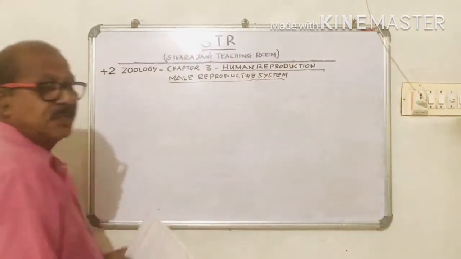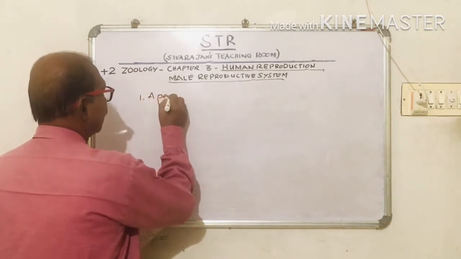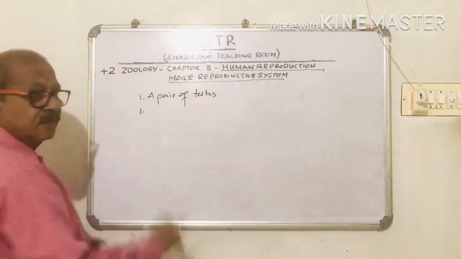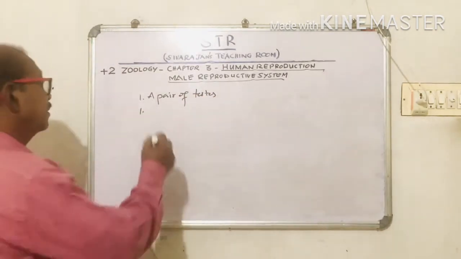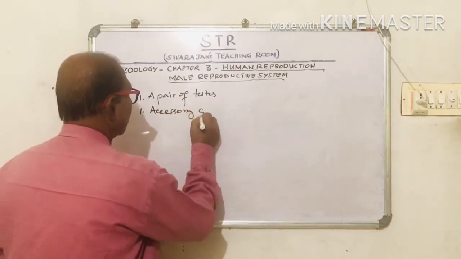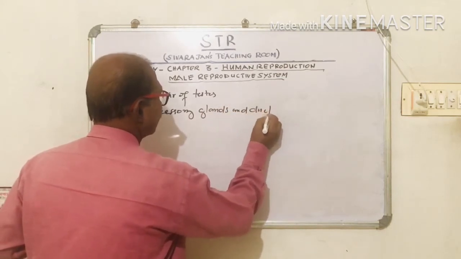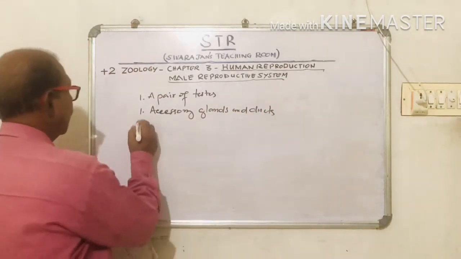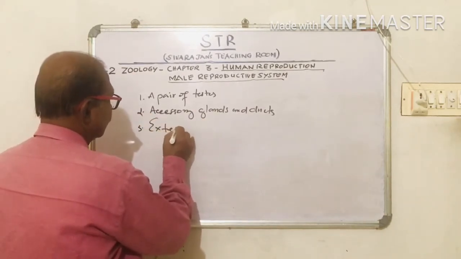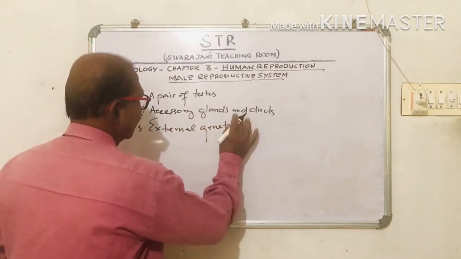The male reproductive system consists of 1. A pair of testes, 2. accessory glands and ducts, and 3. external genitalia.